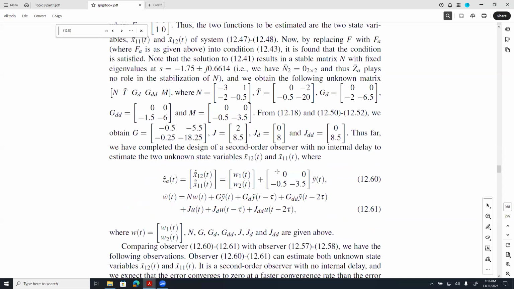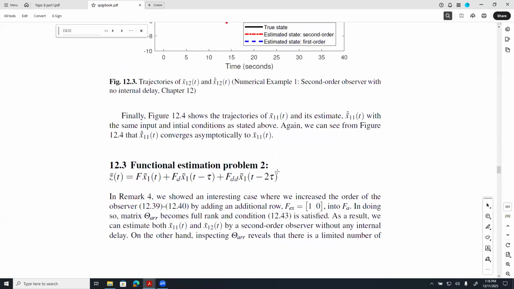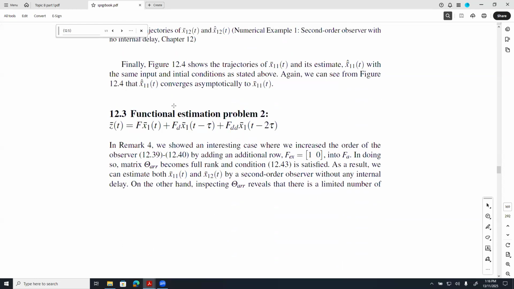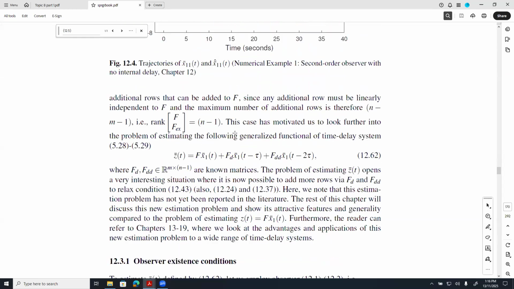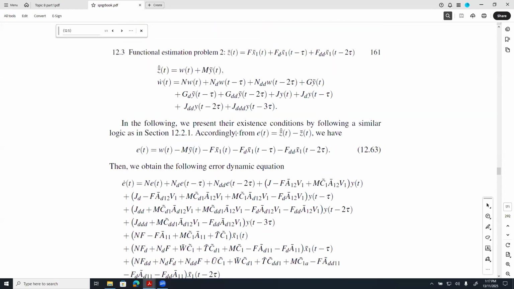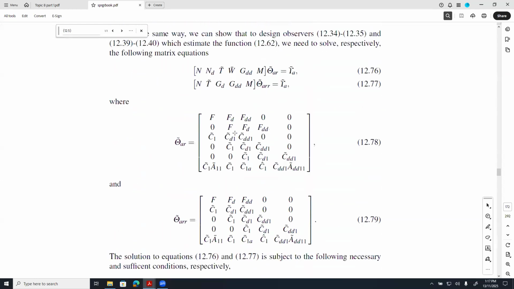And then we also show example 2 in chapter 12. We also find that if we do it with a more generalized functional, then we can also increase the order of the desired observer. Okay.